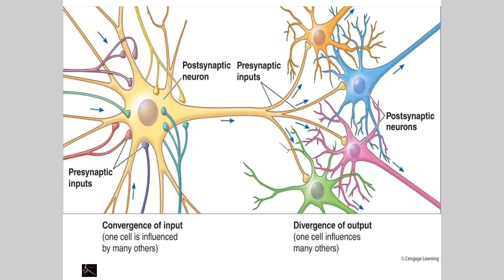So that one signal of pain diverged and stimulated neurons to cause you to do those four different things. That's divergence. Make sure you understand the difference between convergence and divergence.